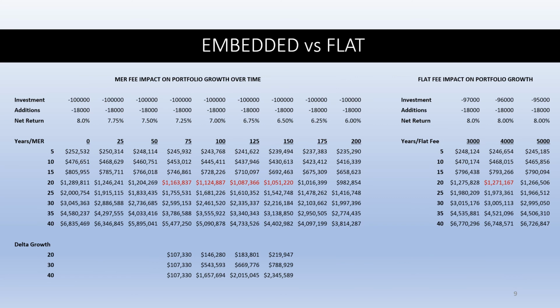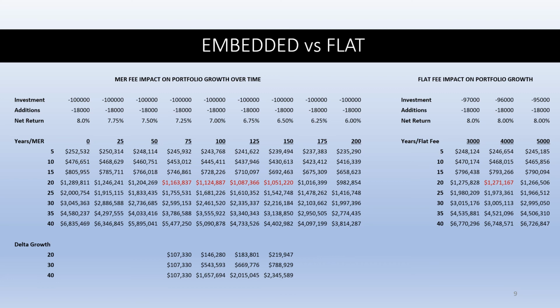This one is kind of a quick comparison between embedded versus flat fees. And what I tried to do here was you invest $100,000 initially. Each year you add $18,000, so $1,500 per month. And we're assuming an 8% portfolio return, which, as we just saw, is very generous.